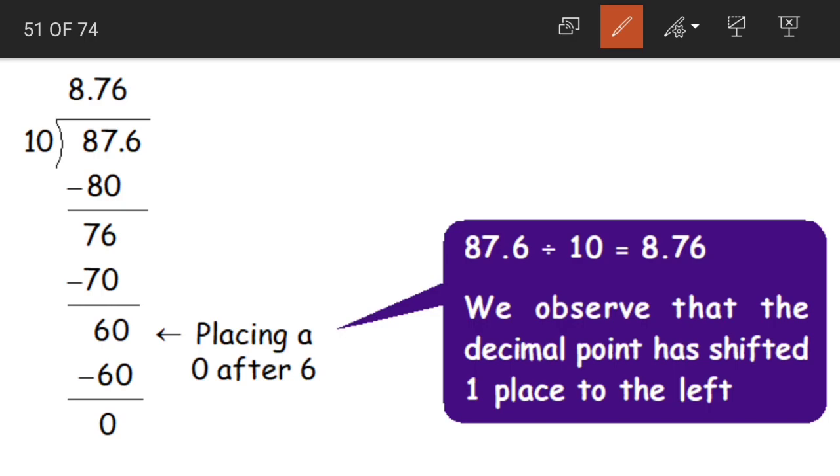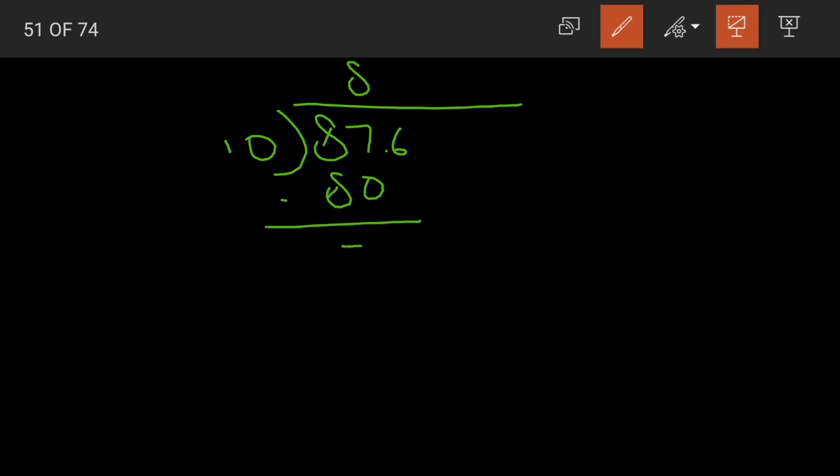Or another way of understanding this is 87.6 divided by 10. Yes, 10 8s are 80. When we subtract, 7 is our remainder. 6 brought down, 10 7s are 70. When we subtract, 6 is our remainder. But we want to divide it completely. If you remember, even if you put a 0 after the decimal point, that is to the right side, the value will not change.